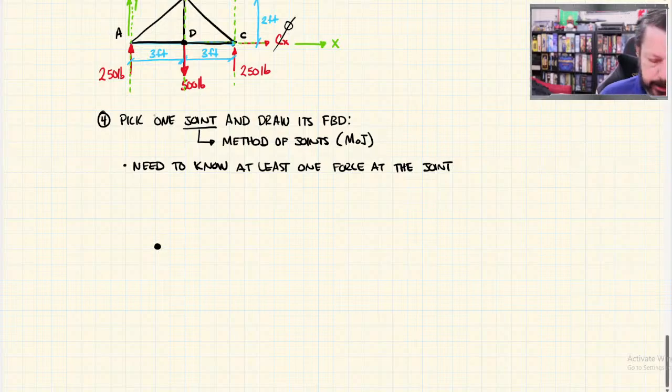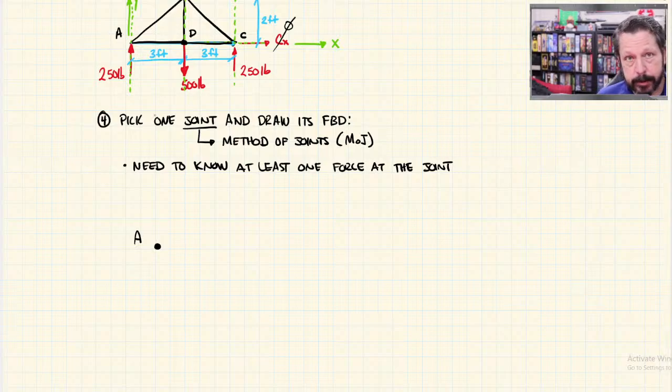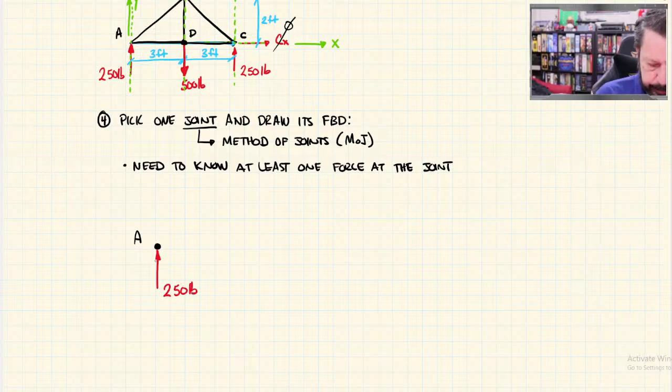These are all frictionless pins, so there's A. We can label it A. I know that there's one external force on A, 250 pounds. That's AY that we solved a minute ago.